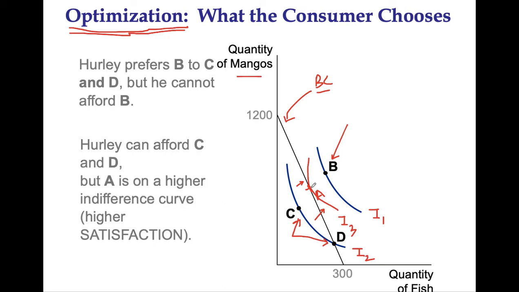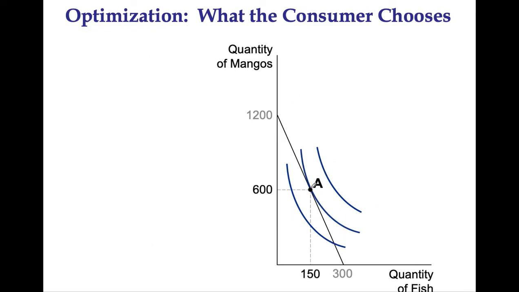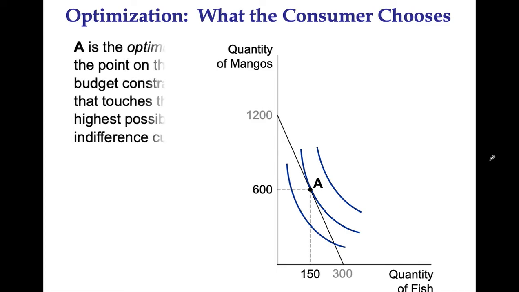So A is the point of optimization. Here we represent A, composed of 600 units of mangoes and 150 units of fish. We call this point A the optimum.